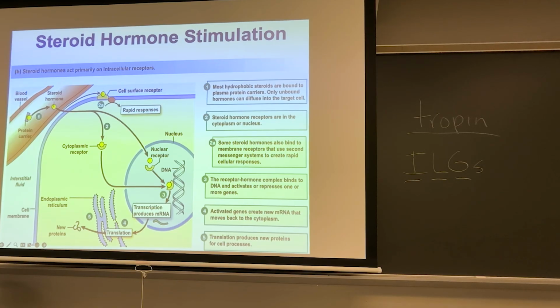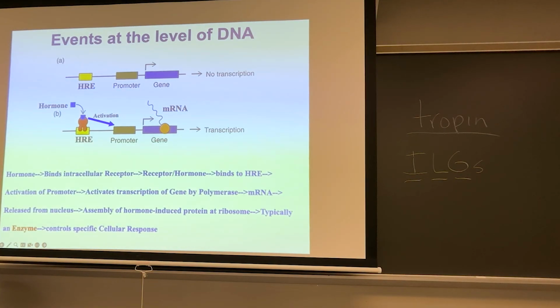And that shuttle will carry it into the nucleus to a specific region just above the promoter of a gene. And it looks like this. So this is the setup of a typical vertebrate gene. And if you don't remember what a promoter is, it's the area of DNA that is recognized by the enzyme polymerase, so polymerase can bind to that when it's exposed.